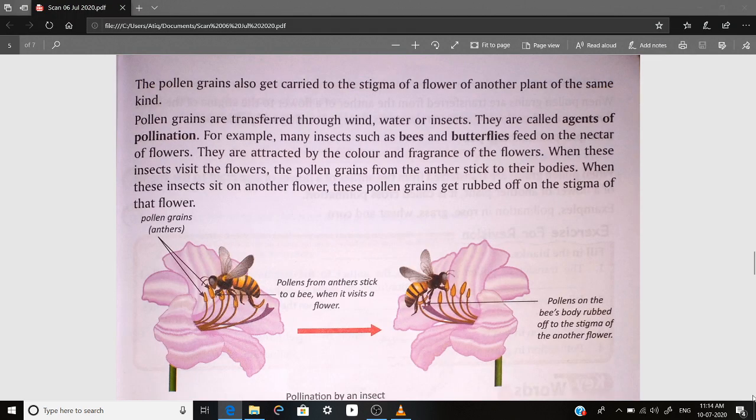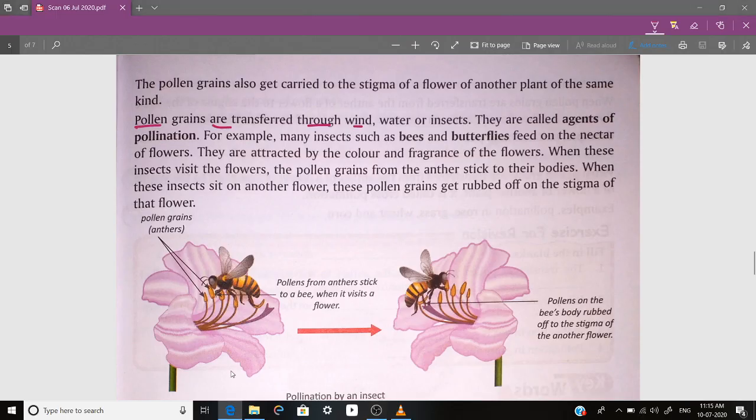The pollen grains also get carried to the stigma of a flower of another plant of the same kind. So students, the pollen grains are transferred through wind, water or insects. They are called agents of pollination. Now what are agents of pollination? Agents of pollination are the agents by which the pollen grains are transferred from anther to stigma. These are wind, water or insects.